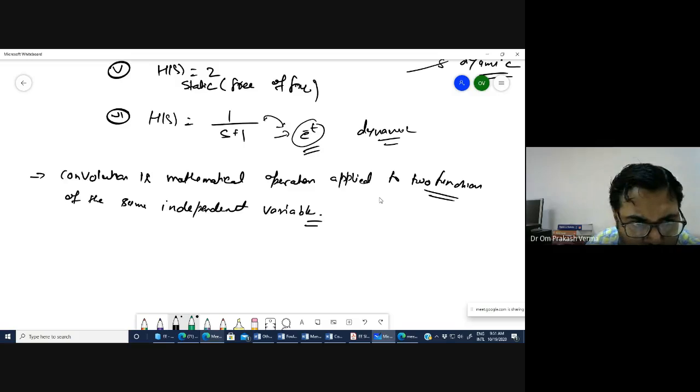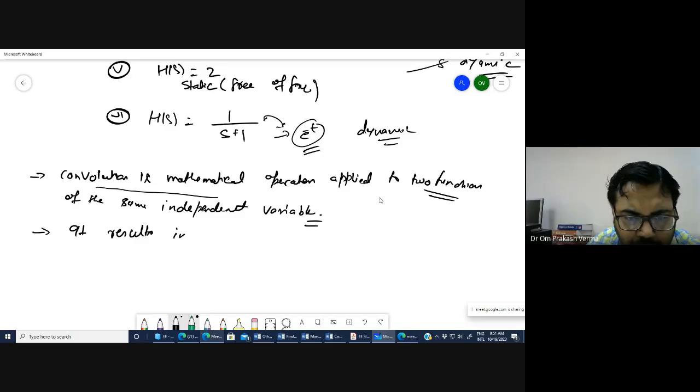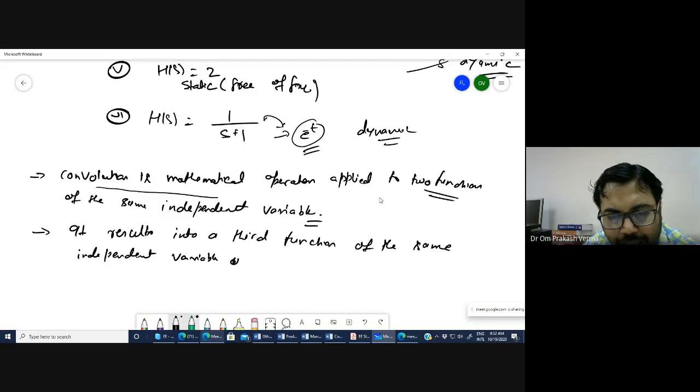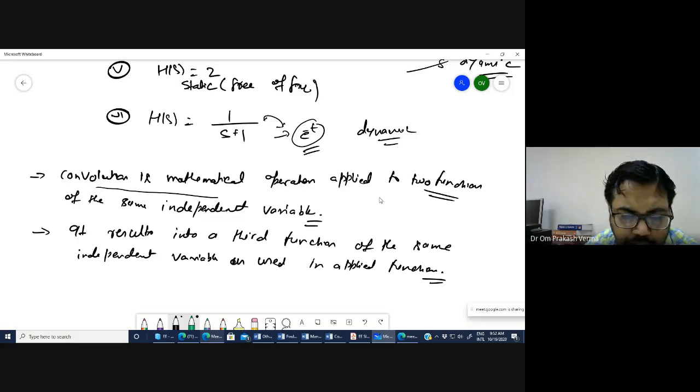Right, so what is the result when you apply some mathematical operator to the two functions, that is x1(t), let's say x2(t)? It results in a third function. You got a third function of the same independent variable as used in the applied functions.